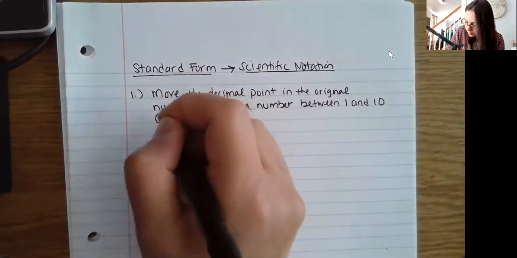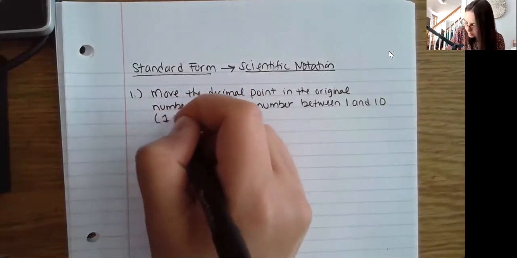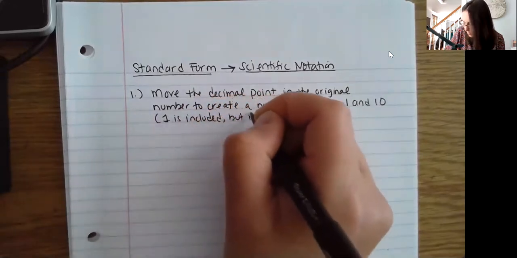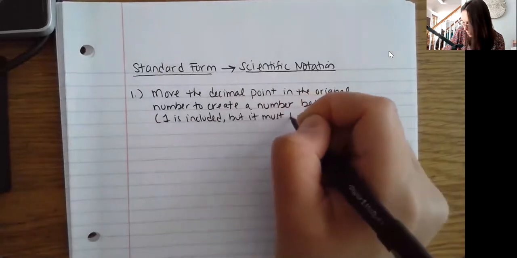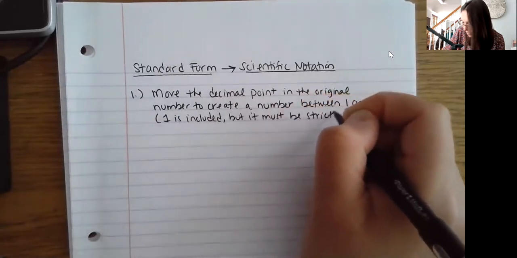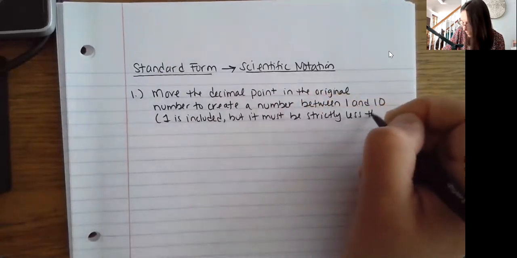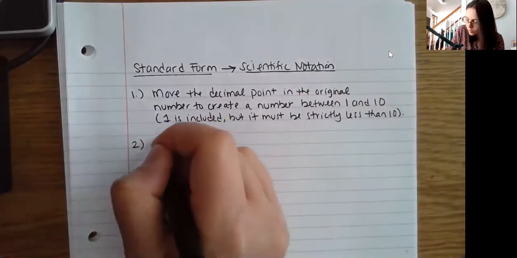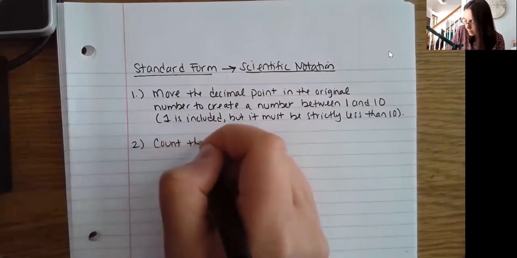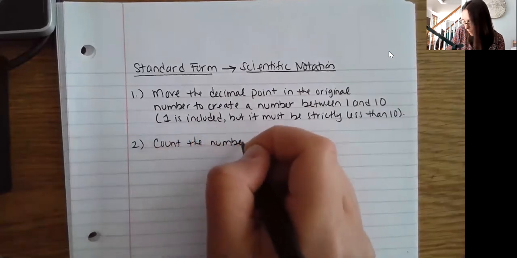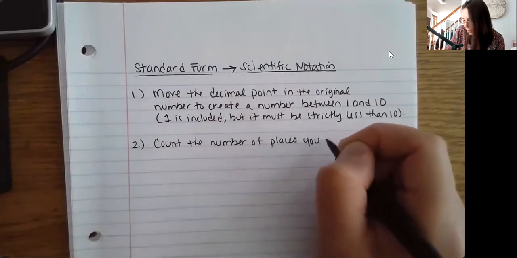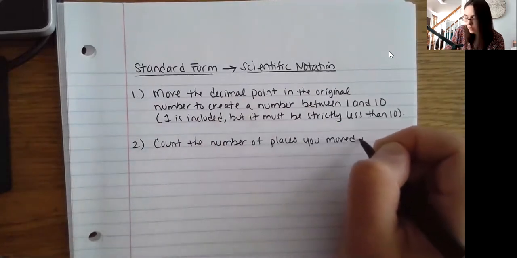So remember, 1 is included in the options, but it must be strictly less than 10. Okay. Next, you're going to count the number of places you moved the decimal.